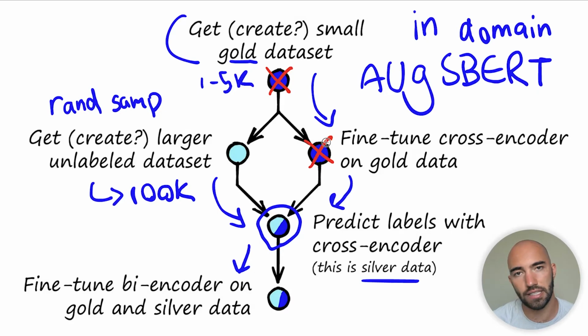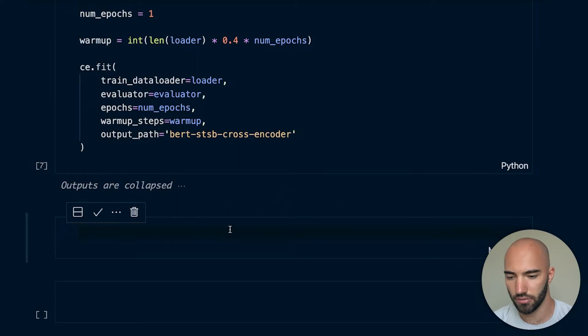So let's do that through random sampling using the gold data set we already have, and then we can move on to the next steps. Okay, so now we're going to go ahead and create the augmented data.